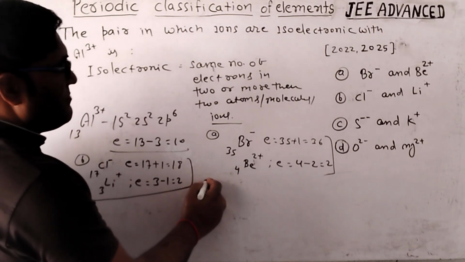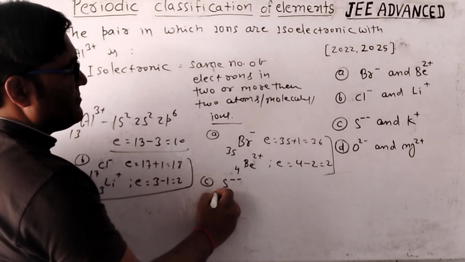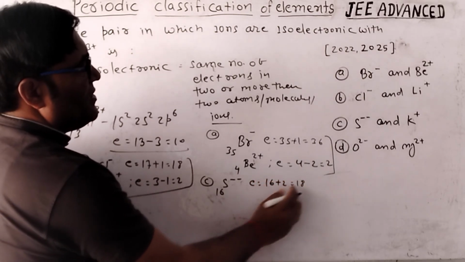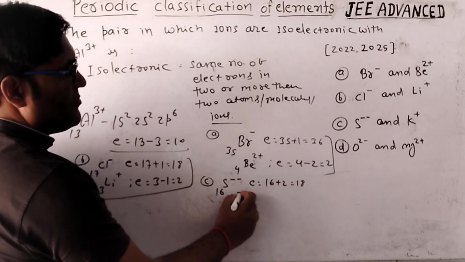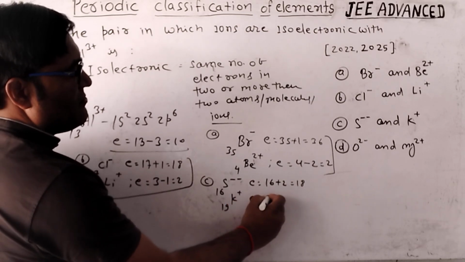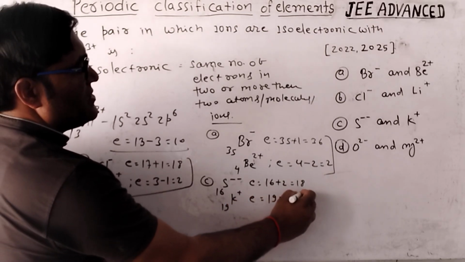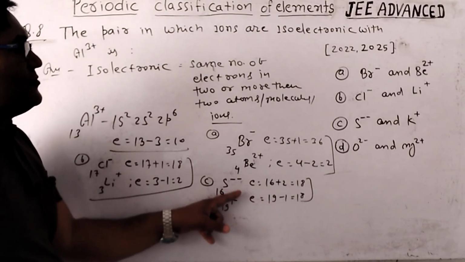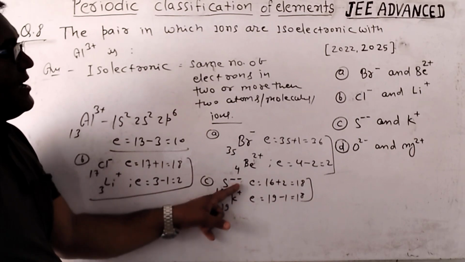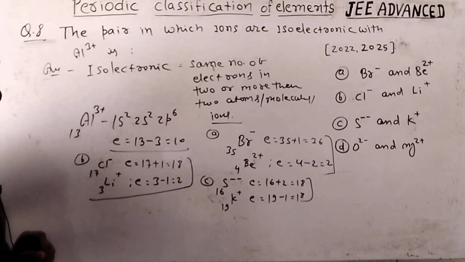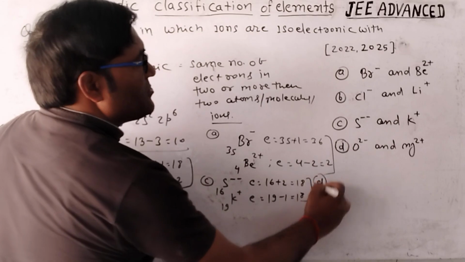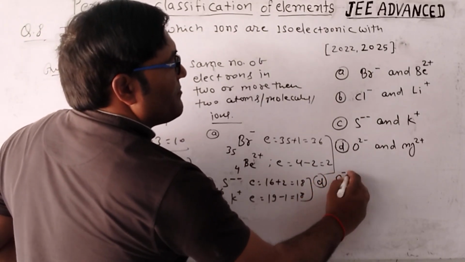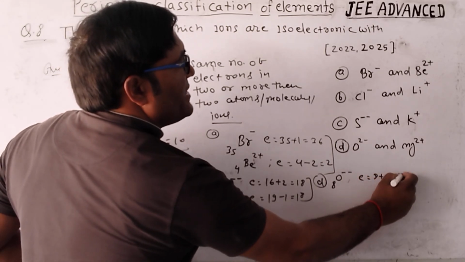In case of option C, sulfide, sulfur atomic number is 16, electrons are 16 plus 2, 18. In case of potassium, atomic number 19, electrons are 19 minus 1, which is 18. So both are isoelectronic, but these two ions are not isoelectronic with aluminum. Now in case of D, oxide, atomic number 8, electrons are 8 plus 2, 10.